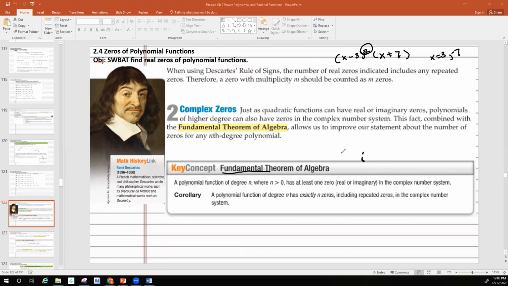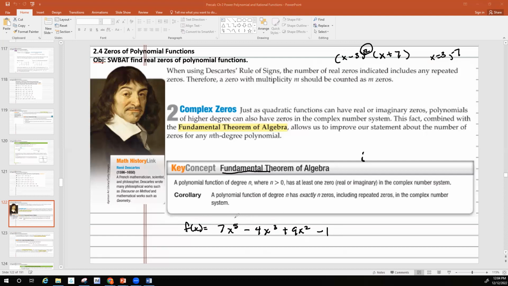The corollary is a polynomial function of degree n has exactly n zeros, including repeated zeros, in the complex number system. So if we had f of x equals 7x to the fifth minus 4x plus 9x squared minus 1.